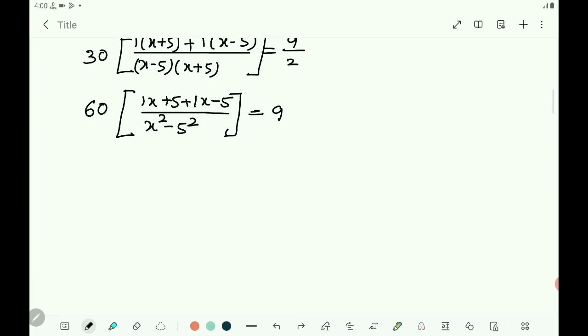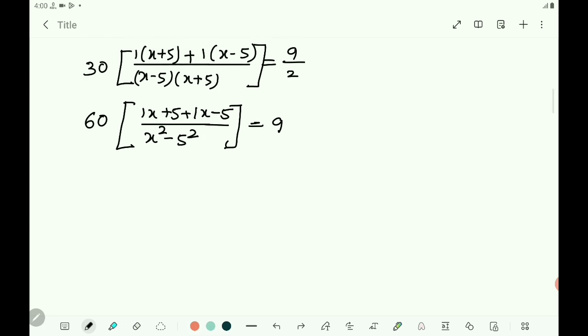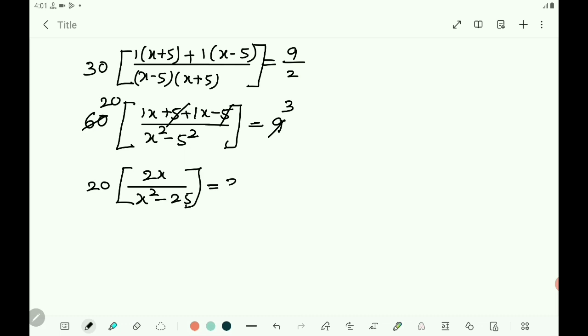Then here 3 3s are 3, 20s are, write 20. Then 5 and 5 cancel. 1x plus 1x is 2x by x square minus 5 square is 25 equals 3.